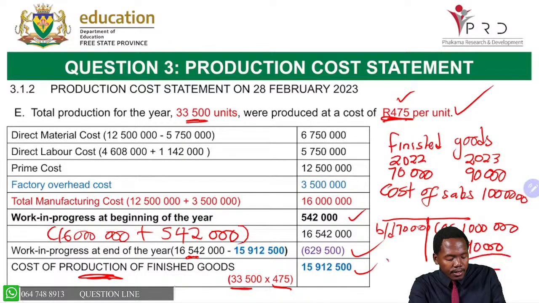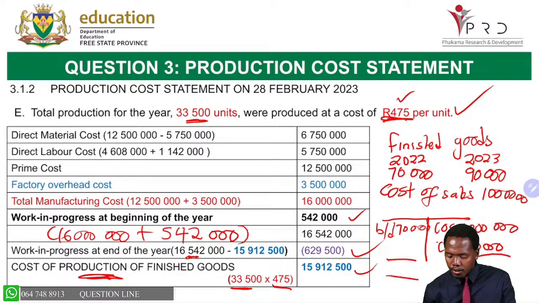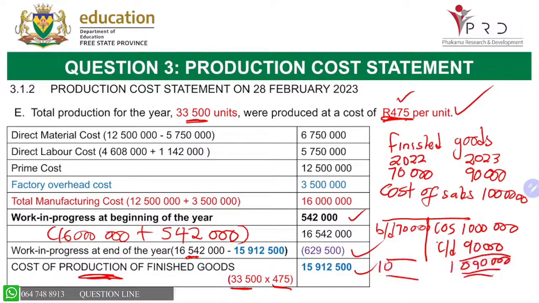So for us to get this amount, we can say 1 million for cost of sales plus 90,000. Then we get 1,090,000. And then we say 1,090,000 minus 70,000.